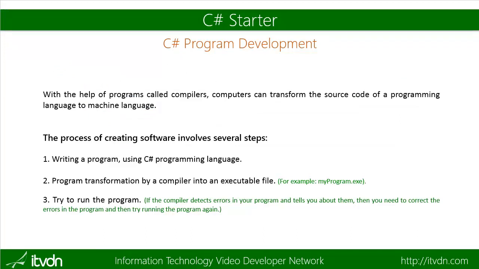Before I show you the interface of Microsoft Visual Studio and how to create some simple programs using C#, I would like you to know the use of compilers. Compilers are programs which help the computers to transform the source code of a programming language into a machine language. The process of creating a software involves several steps. The first step is writing a program using C# language.